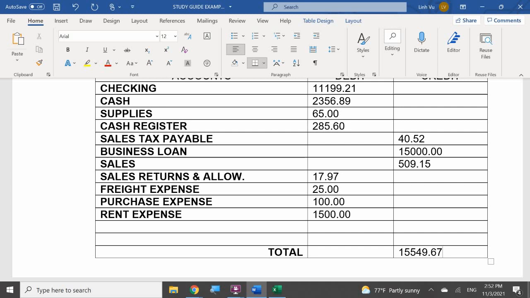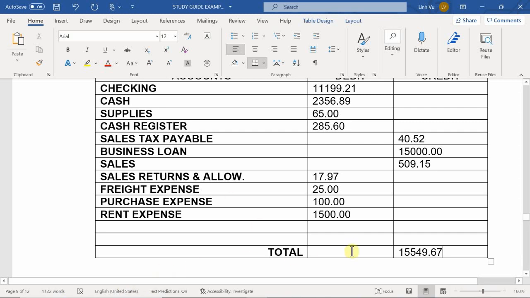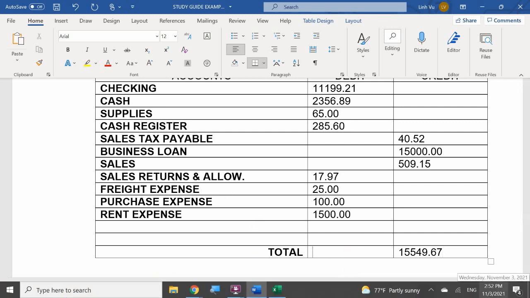Yep, it is 15,549.67, and it is the same on the debit side. So it's both 15,549.67. Good. All right, so did we match on both sides? Yes, we did.